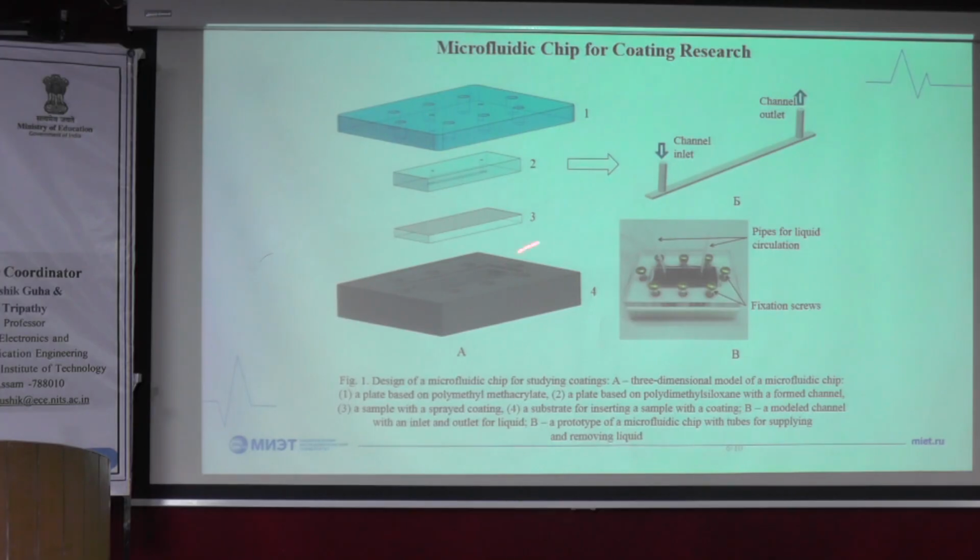So the main idea was to create the proper substrate and the proper microfluid system with the microchannel for the circulation of the fluid within the microfluid chip. And that's basically a plate based on polydimethyl siloxane with the form channel within.